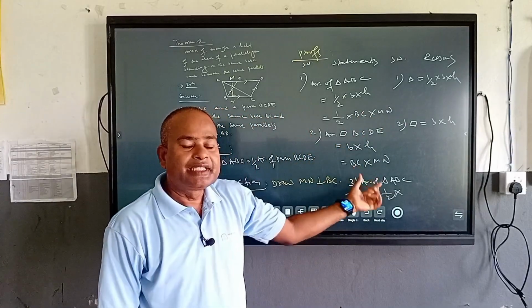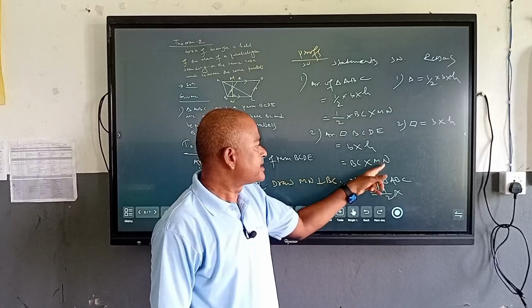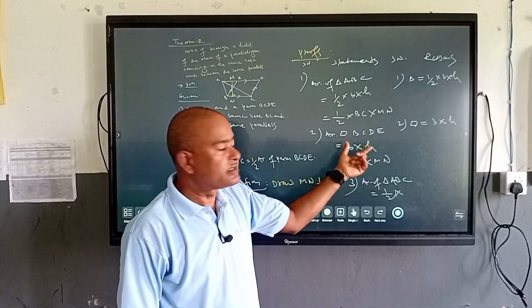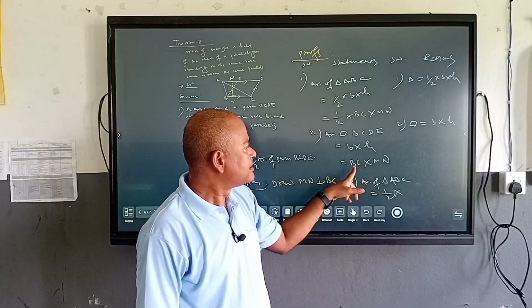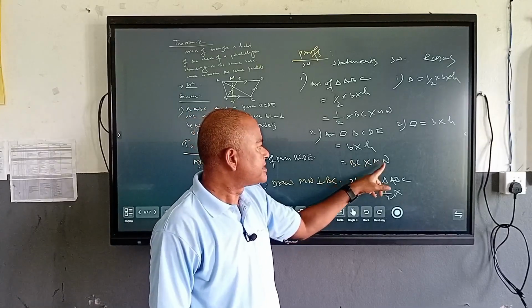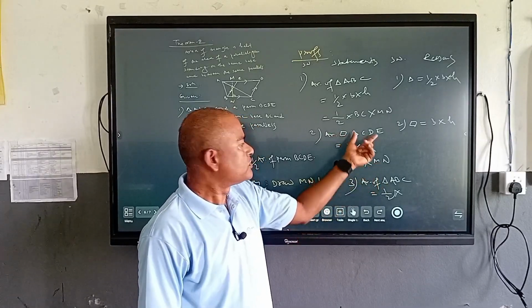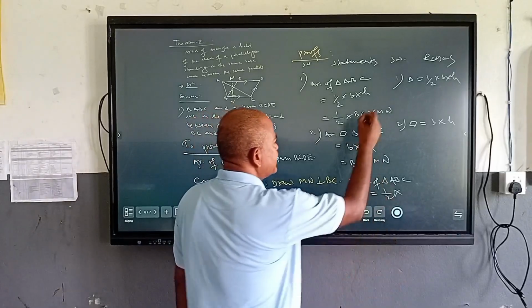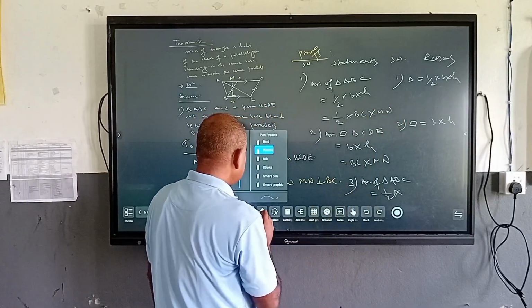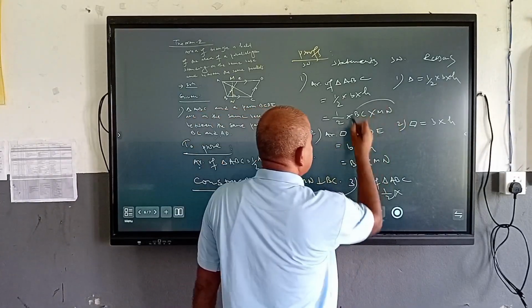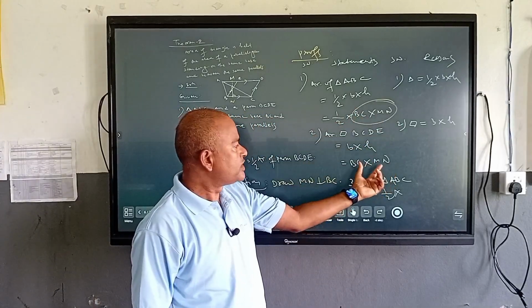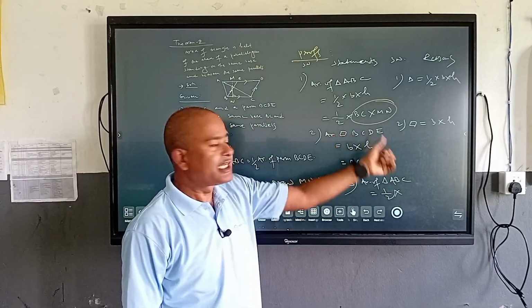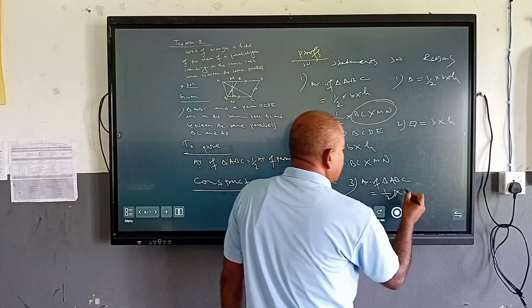In statement 2, BC times MN is the area of parallelogram BCDE. So in statement 1, we'll replace BC times MN, which is equal to the area of parallelogram BCDE.